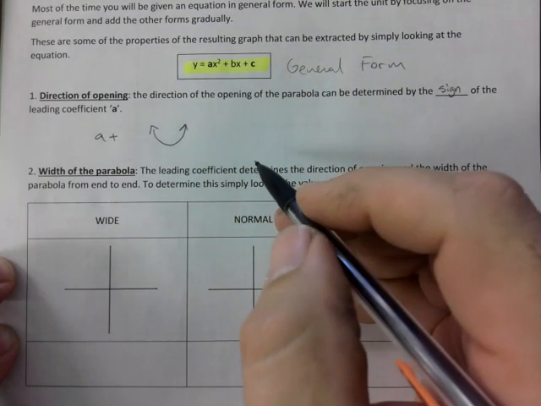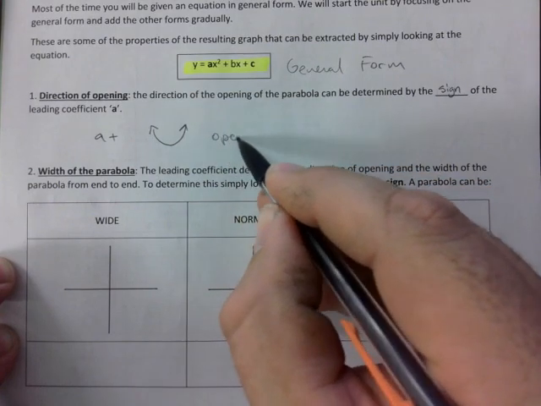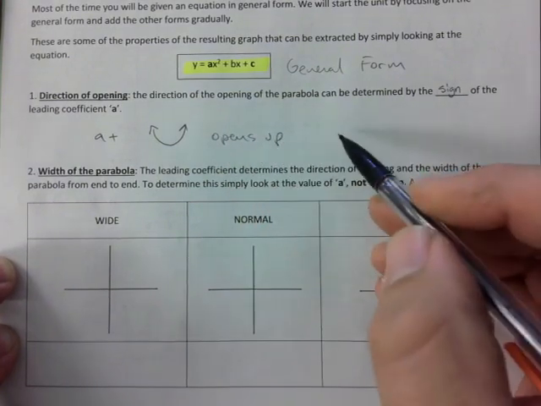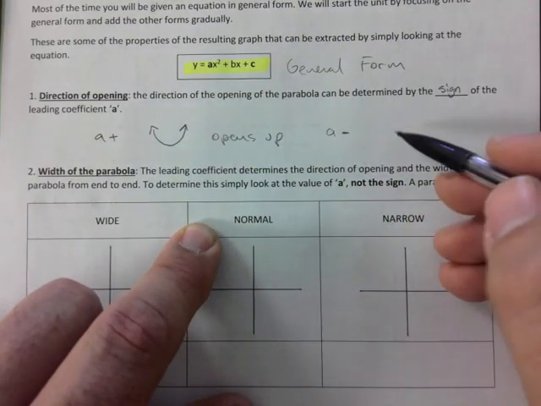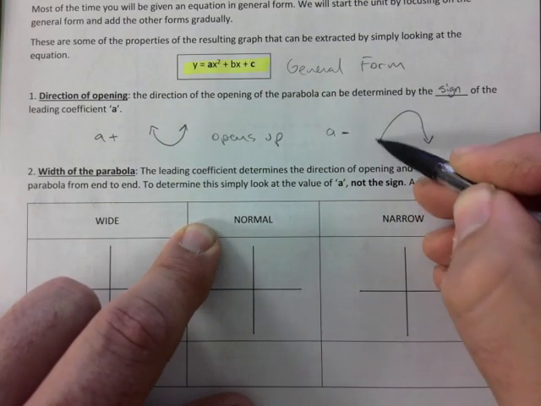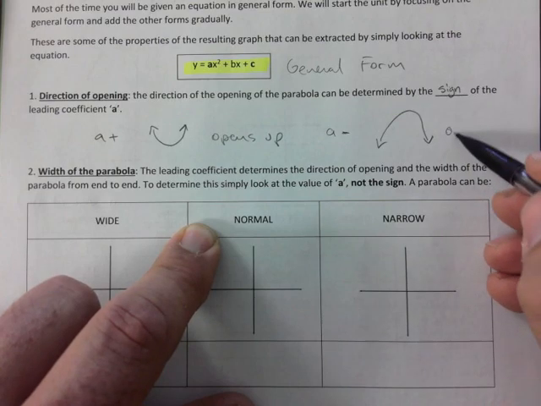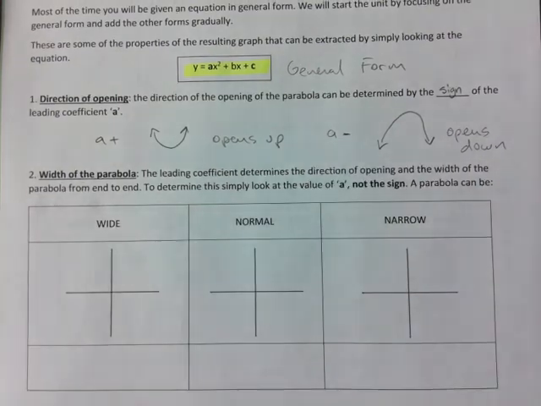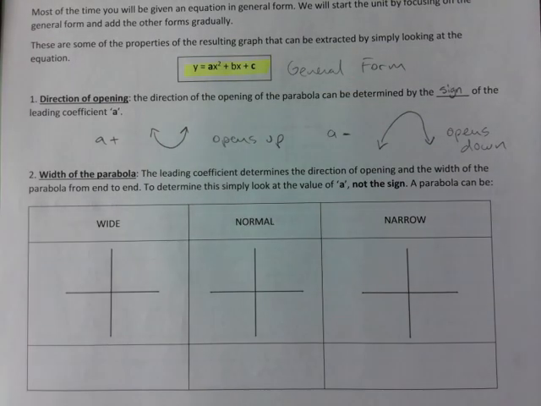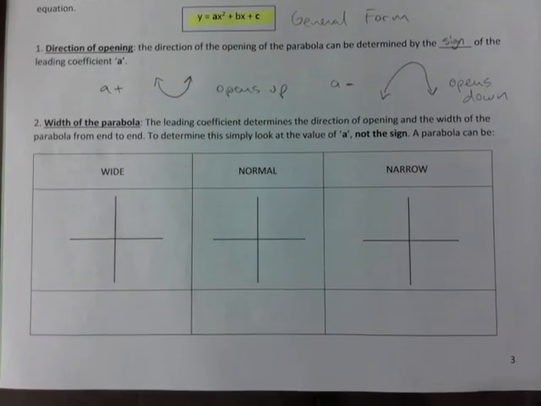Guaranteed. Opens up. If you get an equation and you notice that A is negative, you're guaranteed to have a parabola that opens down. Guaranteed. Just by looking at it, not even graphing it.